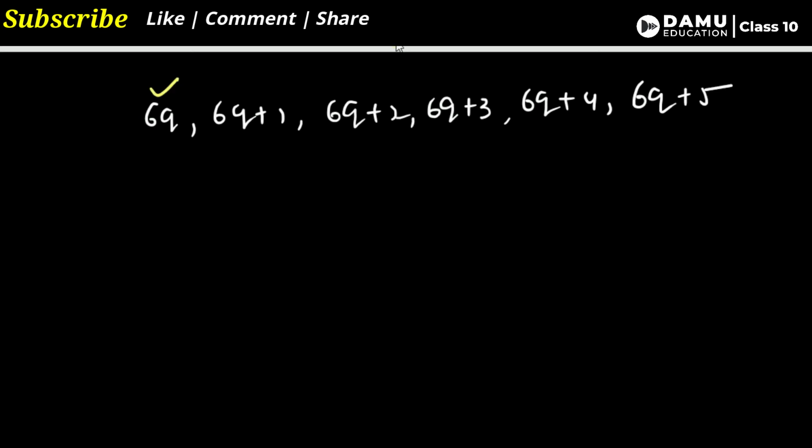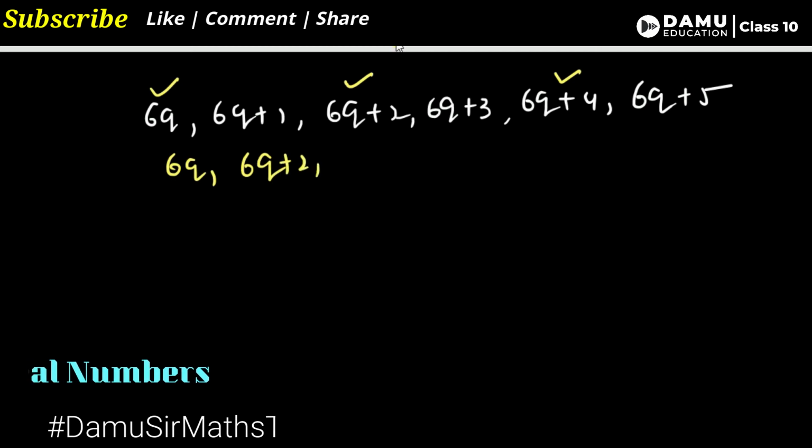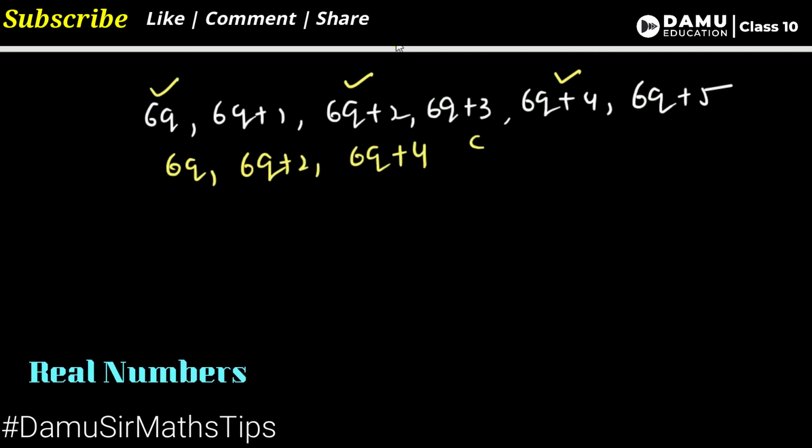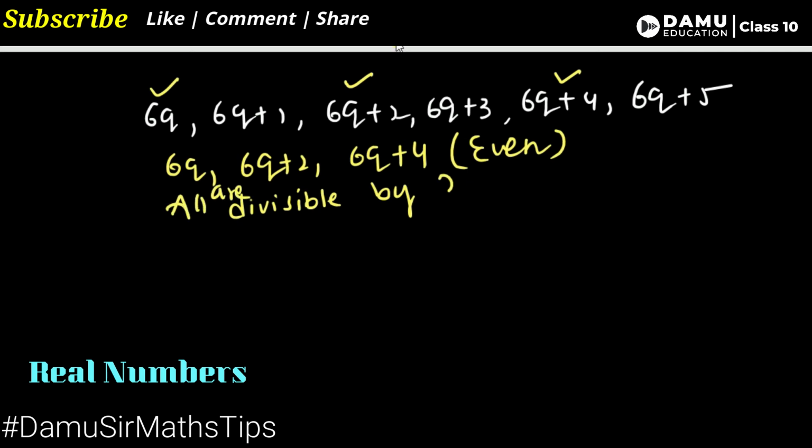Since 6q plus 2 and 6q plus 4 are even numbers, all of these are divisible by 2. That means these are not odd numbers.